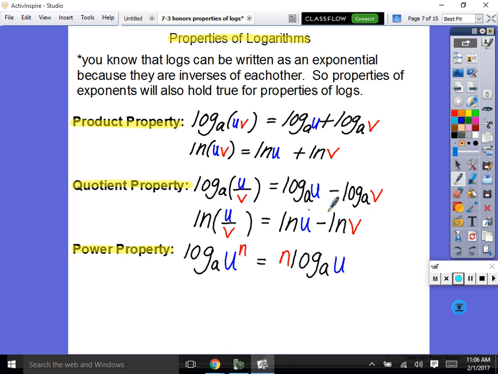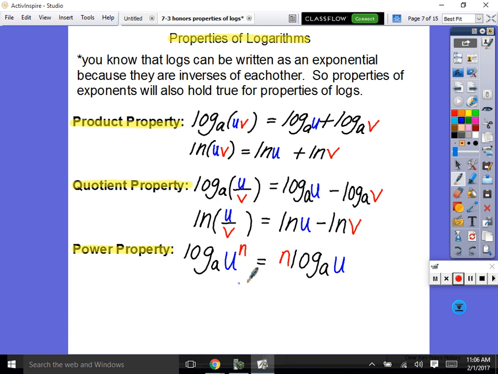And once again, if we see subtraction, we would want to put it back together as one logarithm, u divided by v. Yes. Good. It does have to be logged to the same base to be able to go backwards and put them together. Otherwise, you have to keep them split apart. Good question.